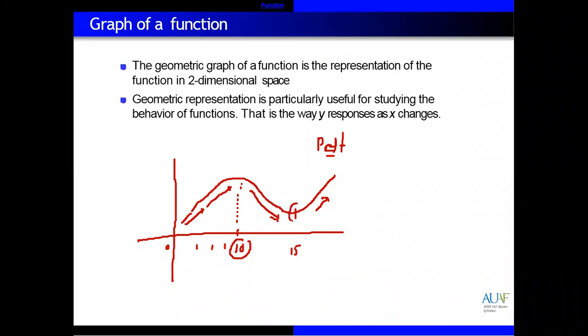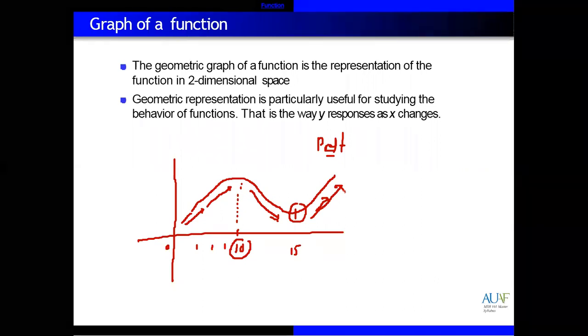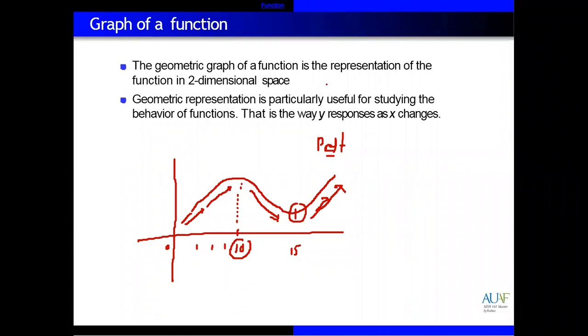Till 15 year, the profit was decreasing, but after 15 year, like 16, 17 year, again profit start increasing. So this is the behavior of this function, profit function, where graph is decreasing, where graph is increasing, where graph is constant. So you can say that this is actually the behavior or nature of a function.